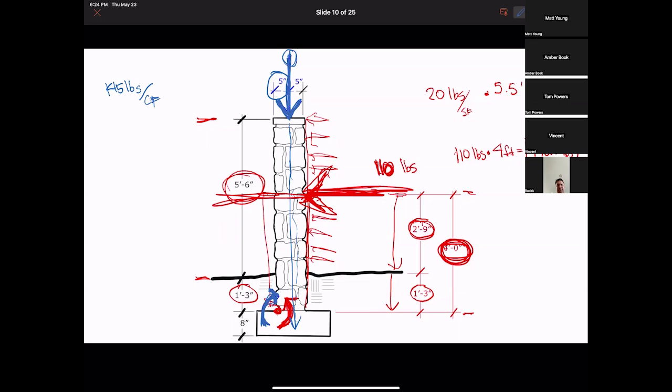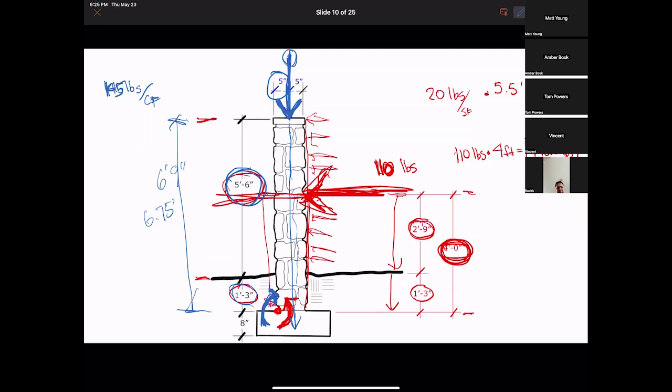So we're going to multiply that by the weight of the wall, which is not just the 5'6" above, but also includes the 1'3" below. So that's going to be 6'9" of wall from here to here, which is 6¾ feet. So we're going to multiply that 145.